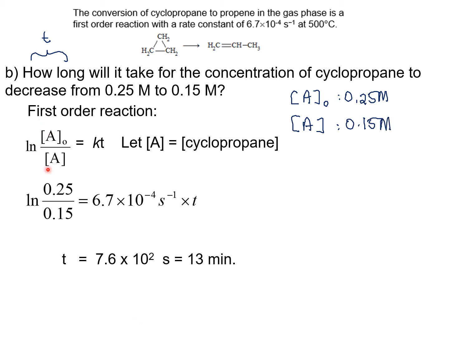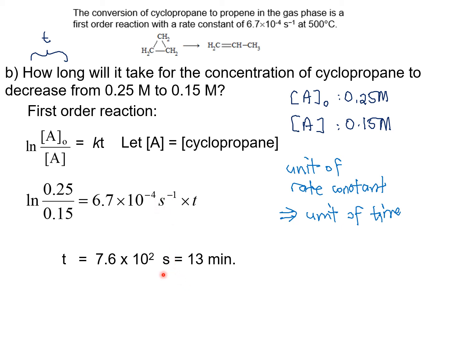By using this equation, you just substitute all the information given, including your rate constant and its unit, because the unit of the rate constant will determine the unit of your time. If your rate constant unit is second, it is going to be second.